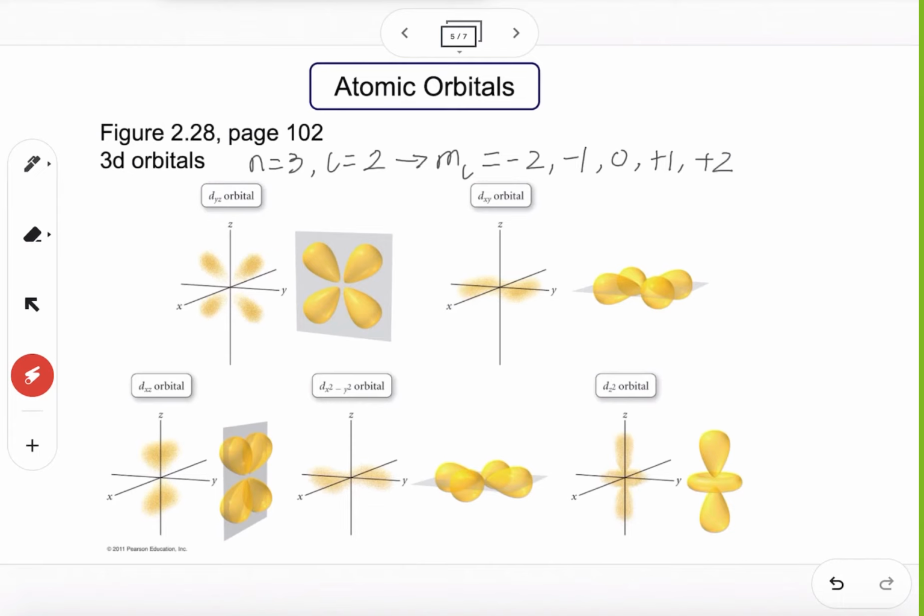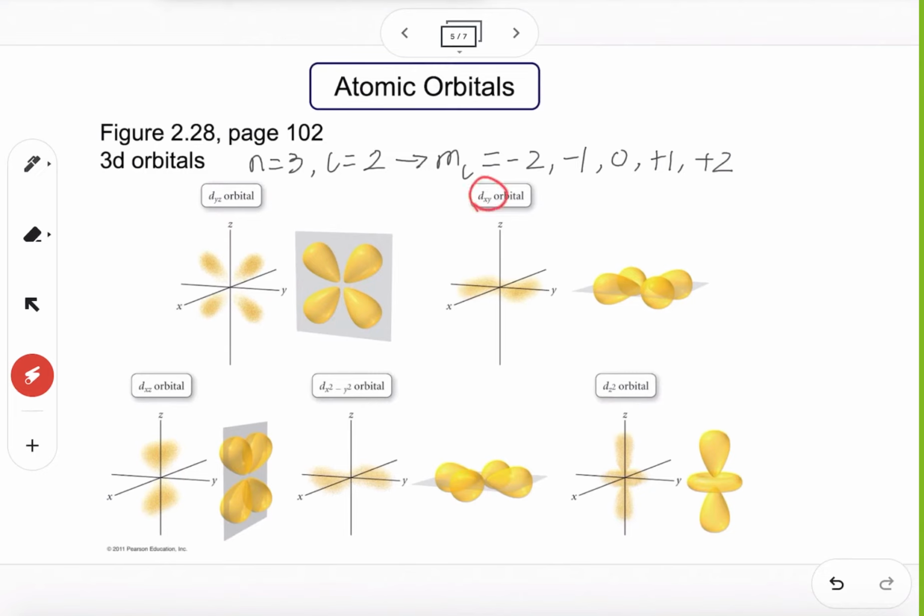Again, the difference among the 5 d orbitals is the position of those lobes. For the dyz orbital, these 4 lobes are sitting on the yz plane, so it's defined as dyz.